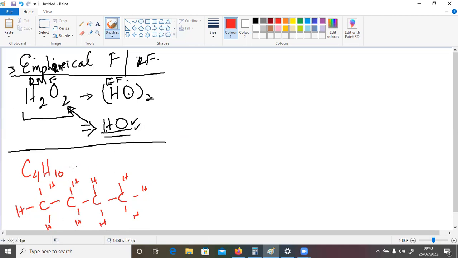So if I am going to write its empirical formula, I want to divide it to make it simplest. I can divide this side by 2, and this side by 2, and I'll get C2H5. Then I know if I multiply by 2 outside, I multiply this by 2, I get H10. I multiply 2 by 2, I get C4.